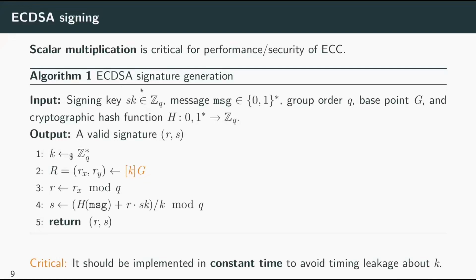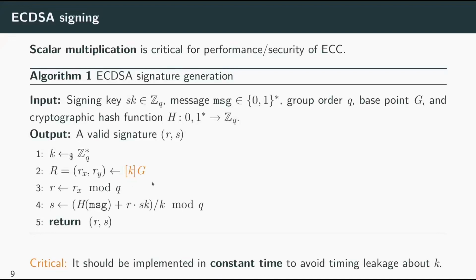ECDSA signing takes a private key, a message, a group order, a base point, and a hash function as inputs, and it computes a valid signature. It starts by generating the nonce K that's then multiplied by the base point G to produce a point R. This point R is then used in the remaining steps of the signature to compute the pair of values that are produced as output.